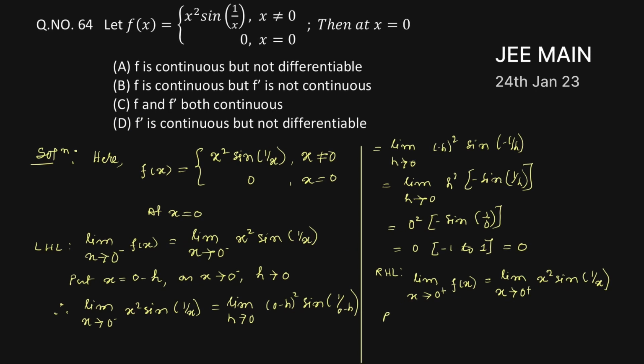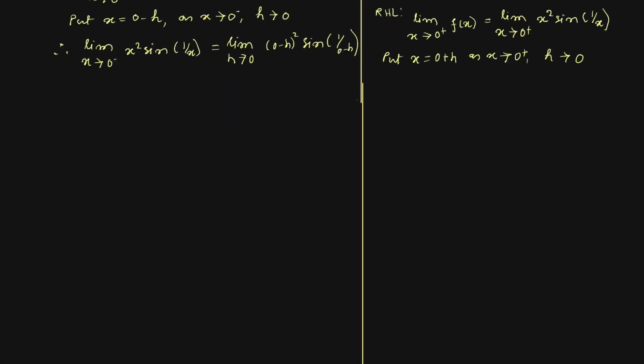Now we put x equal to 0 plus h. h is some small value, which we add to 0, so that the value of x is slightly greater than 0. As x tends to 0 plus, we are able to write h tends to 0.